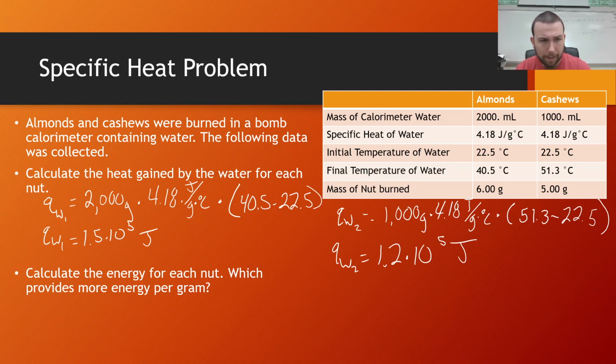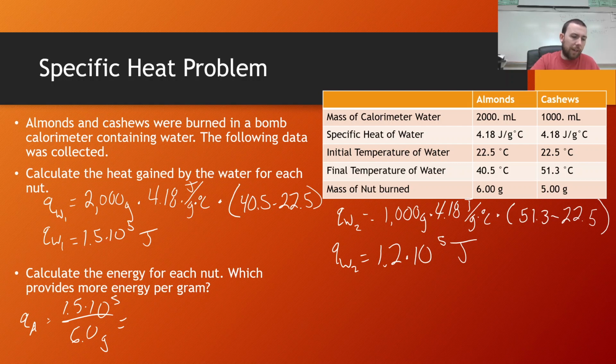So for the almond, QA is simply going to equal 1.5 times 10 to the 5th divided by its mass, which was 6.0 grams, which will get us our energy per gram. So 1.5 e to the 5th divided by 6, roughly 2.5 times 10 to the 4th joules per gram for the almond.